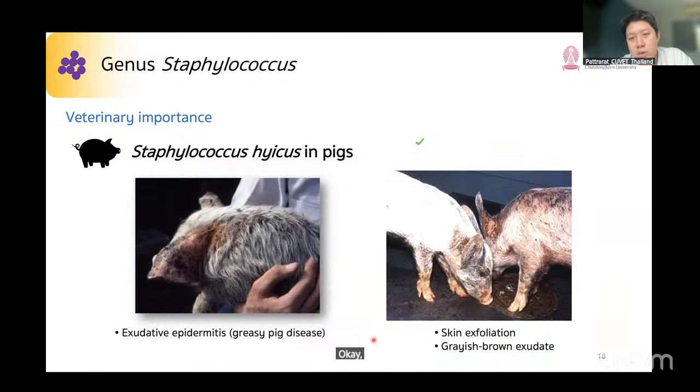Okay, the predisposing factor is just nursery pigs with weak immune development. We can see some weak piglets developed greasy pig disease in the farm.